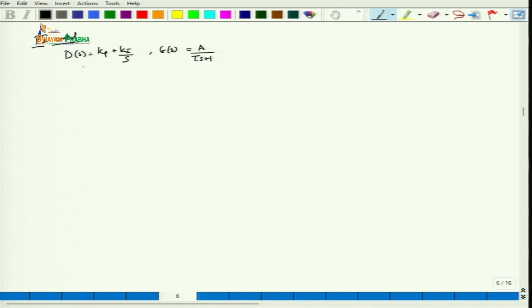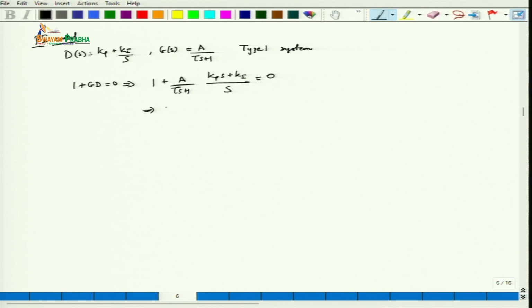If you multiply G by D, you will see that this represents a type 1 system. If we consider 1 plus GD equal to 0, we get 1 plus A divided by tau s plus 1 times Kp s plus Ki divided by s equal to 0.